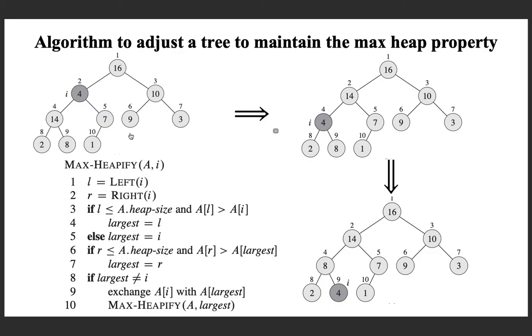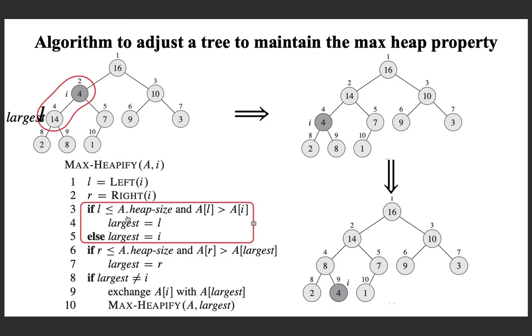After that, between I and its left child index, it tries to find the largest. Now 4 and 14, so the largest is 14, and largest represents the index of this value, which is 4. So largest is not 14, it is the index of 14, which is 4. So first it is looking at that node and its left child, finding the largest among these two, and remembering the index of the largest in this variable.